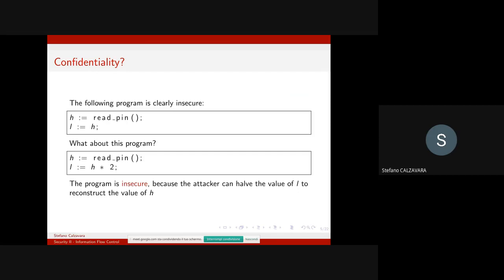So both these programs are intuitively insecure. The first is clearly insecure, and the second one is insecure under the assumption that the attacker is aware of the source code of the program.